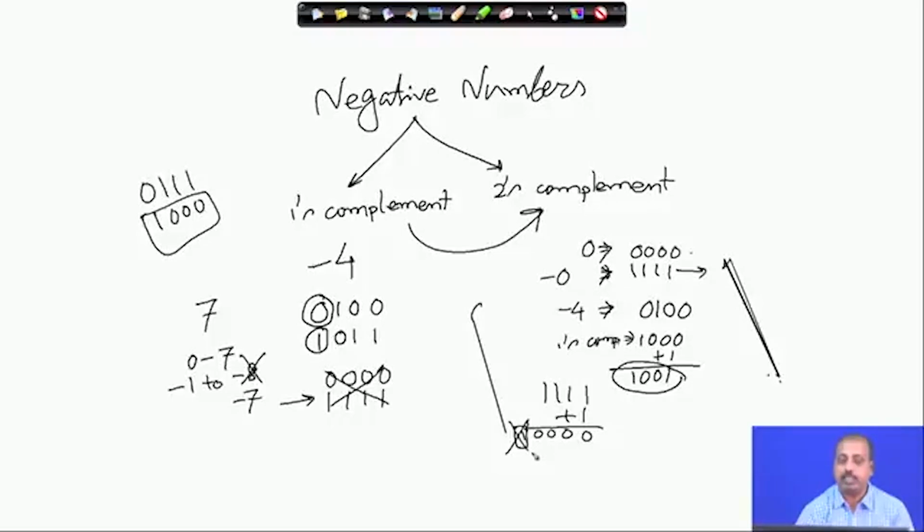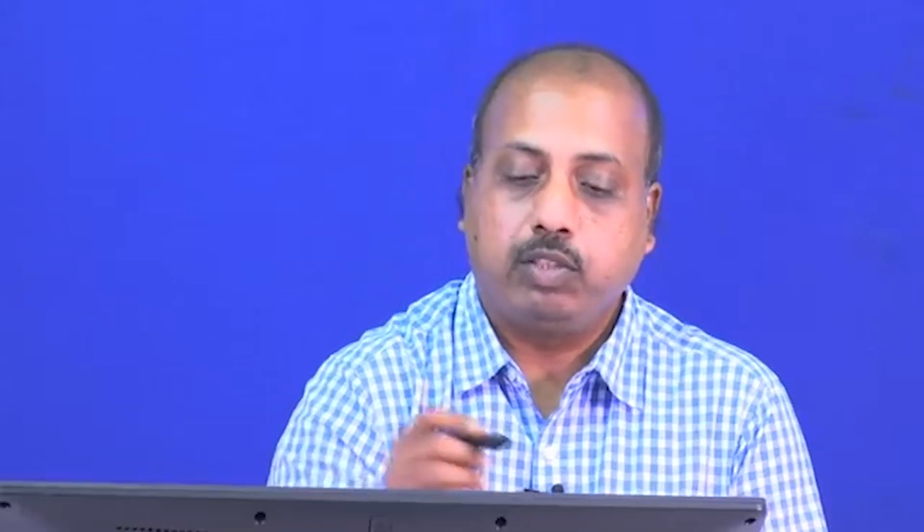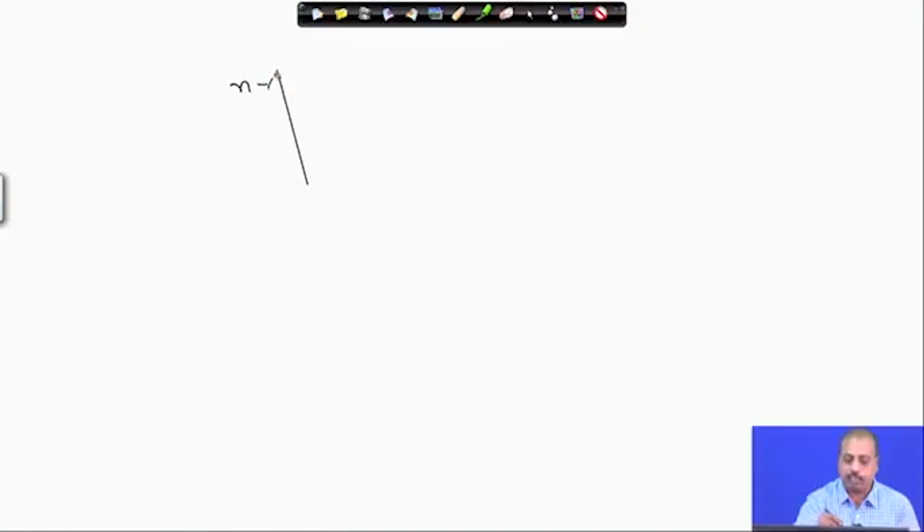So, that makes the negative number representation easy. There is a question of the range of numbers that you can represent. If you have an n bit representation, then this 2's complement number system will allow you to represent a sequence of numbers only.